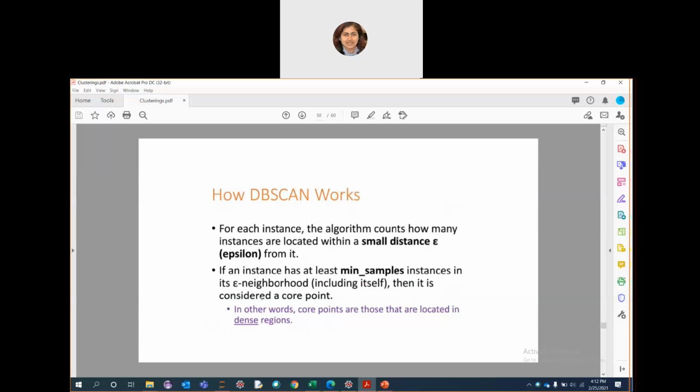After you get that, if an instance or data point has at least the minimum samples, let's say you specify the minimum points as 5, then in order for the point to be considered a core point, it needs to have that many, 5 minimum samples, surrounding itself or including itself. That is how DBSCAN works. In other words, core points are those which are located in the dense region, close to each other mostly.